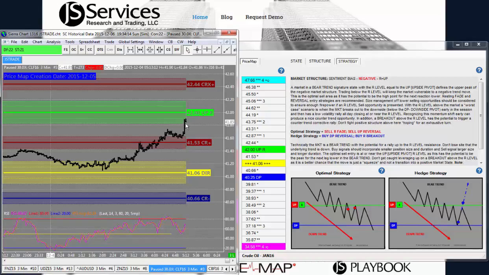So if we look at the different optimal hedge strategies and other strategy setups that happen within the market structure, the optimal strategy themes would be like a 3-unit opportunity. Hedge strategies would be more like a 2-unit opportunity, and any other trades really 1 unit. And you could have 1 discretionary unit, so a maximum of 4 units, whatever your unit size is.